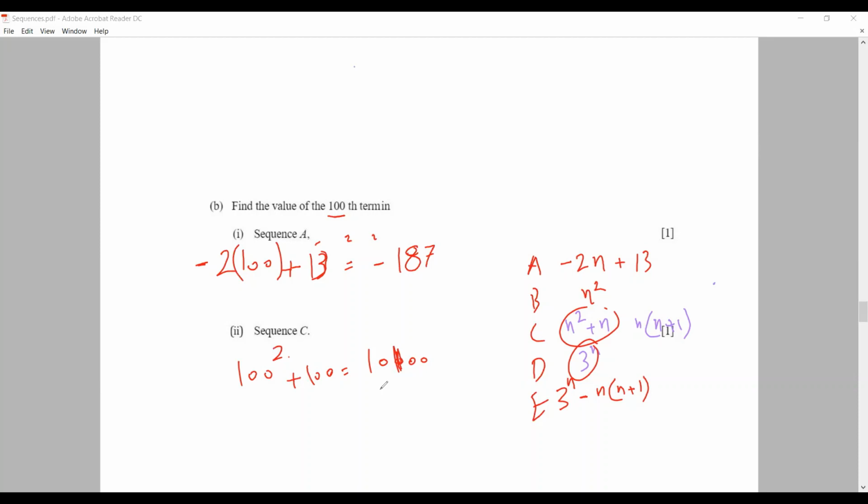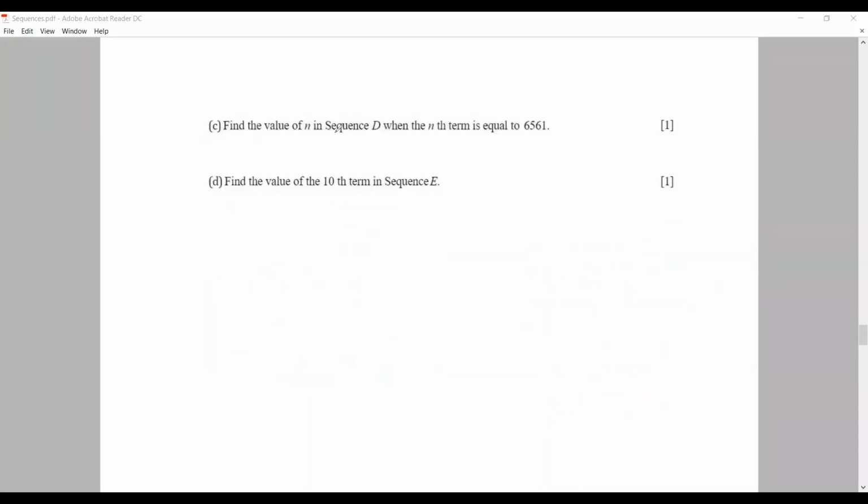So moving on to the next question. Find the value of n in sequence D when the nth term is equal to 6,561. Sequence D was 3 raised to the power of n, so this value should be equal to 6,561.